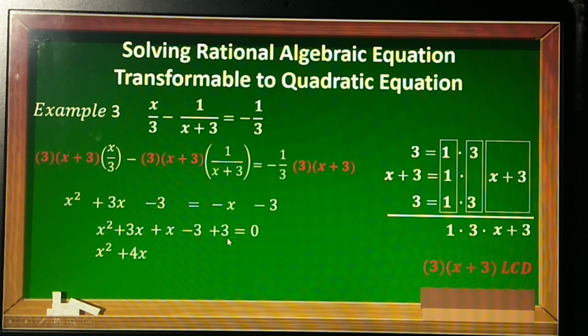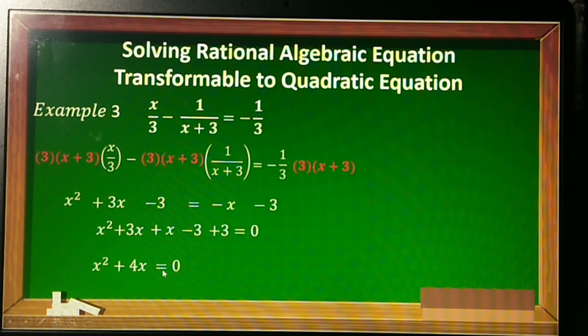So, 0 na yun kasi isa-subtract natin yun. So, 0, pwedeng hindi mo na isulat yun. Okay, equal to 0 na tayo. So, ito na yung standard form of quadratic equation natin. Kung mapapansin ninyo, meron tayong quadratic term, linear term, kaso wala tayong constant term. So, 0 ang constant term natin.